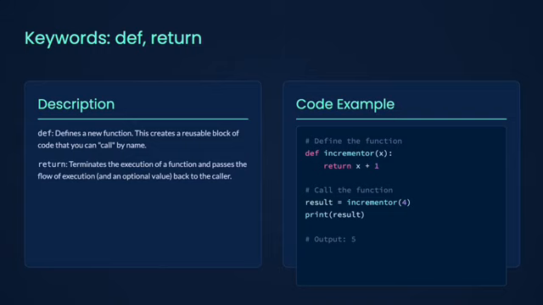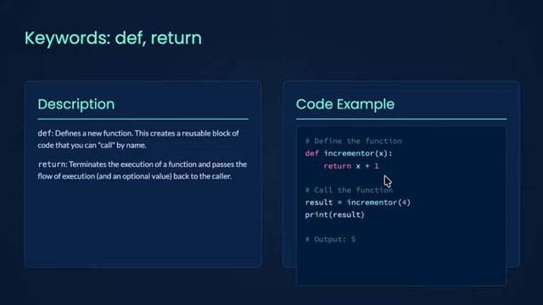The real power comes from return. The return keyword does two things: it stops the function and it passes a value back. So here we def a function called incrementer that takes one input x and then returns the value x plus 1.